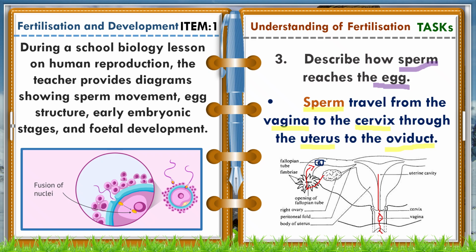So it will come in the uterus here, swimming, and then from the uterus it will enter into the fallopian tube, or what we call the oviduct. And here it will now find the egg, and then fertilization will take place. That is the journey traveled by the sperm.